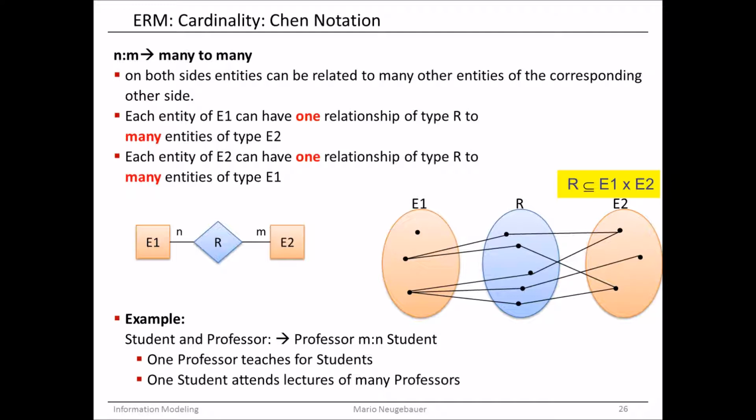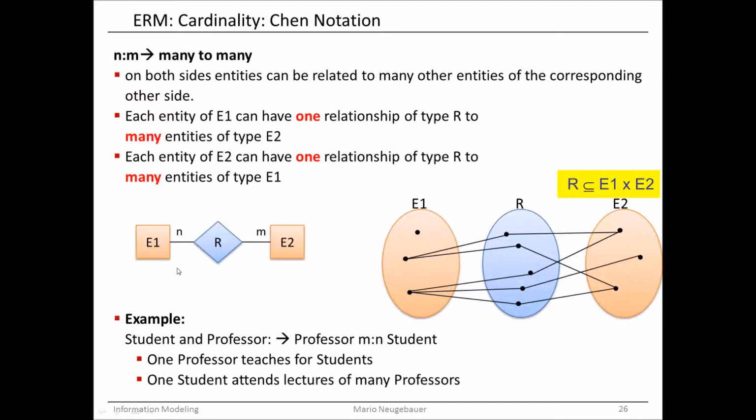And that's why we have an m to n cardinality here, a constellation with many to many relationships. If you want to write up this cardinality, then we just write n and m here beside the entity sets.